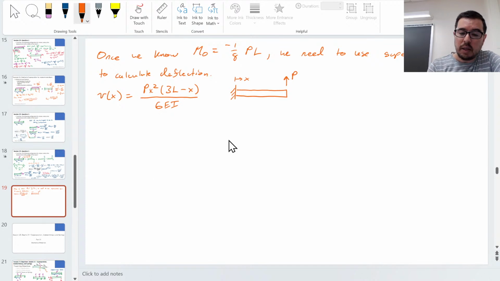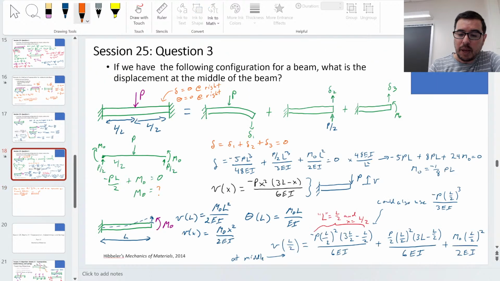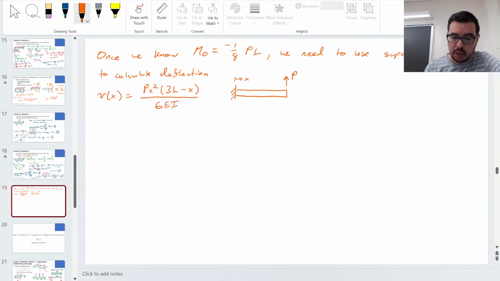So if we go back to what we have here, we have two situations: one where the deflection is due to P, and one where there's a deflection due to a moment. This is a little bit tricky. So let's write it out as a superposition.